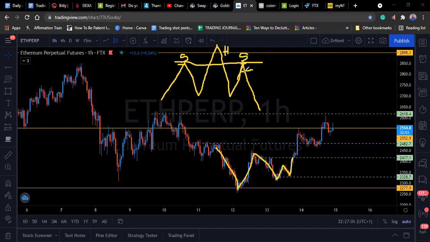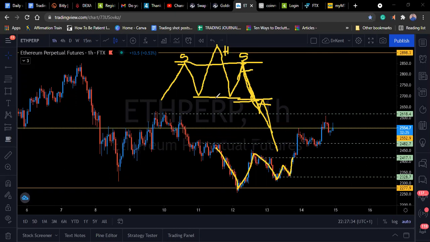You sell here, then you hope that price will get here and break this neckline and keep going down. That's for aggressive. The conservative guys will wait for price, after it has formed the head and shoulders, to come down and break this level, retest it, then that's when they will sell here.